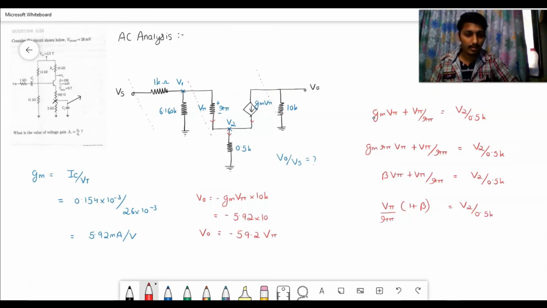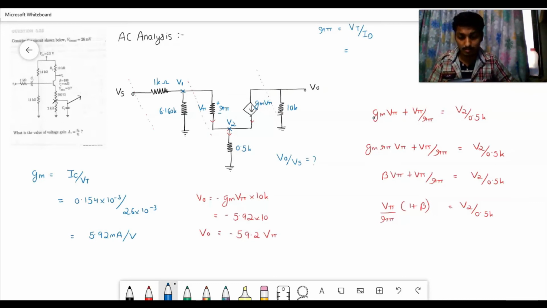I have not found r pi, we will find it. r pi equals vt by ib, so 26 into 10 raised to minus 3 is vt, and ib is 1.540 into 10 raised to minus 6.